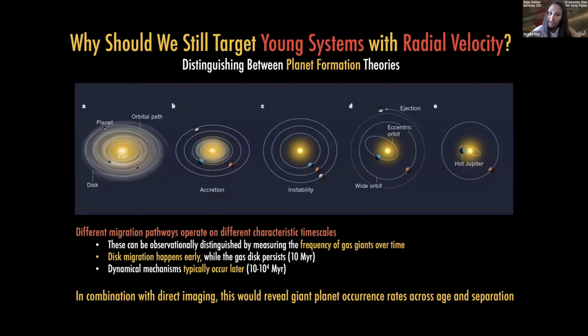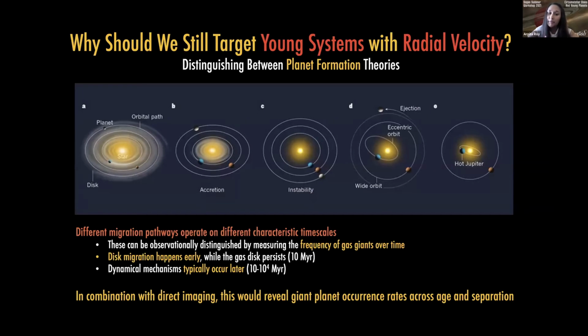However, we should still target these young systems with radial velocity, and here's why. This gives us a tool to distinguish between different planet formation theories. You've been hearing about planet formation and some of the gaps in the field in our understanding. And one of the best ways to fill those gaps is with observations. And so different migration pathways operate on different characteristic timescales.